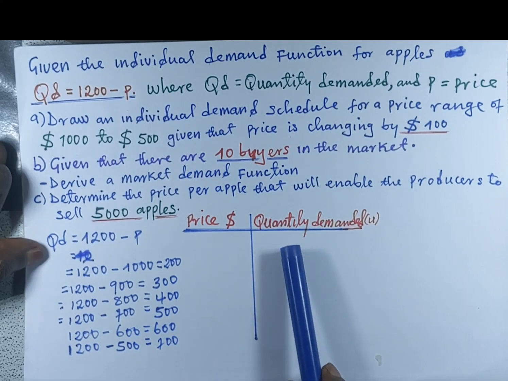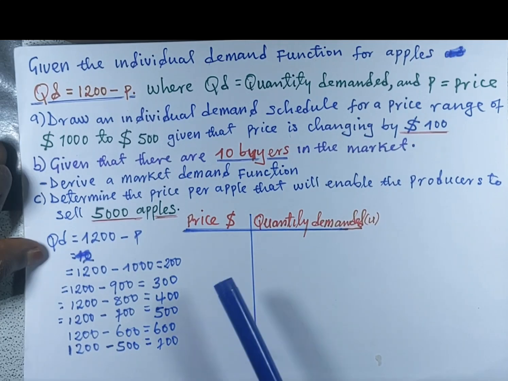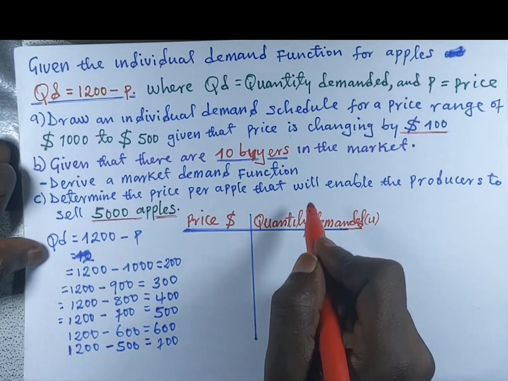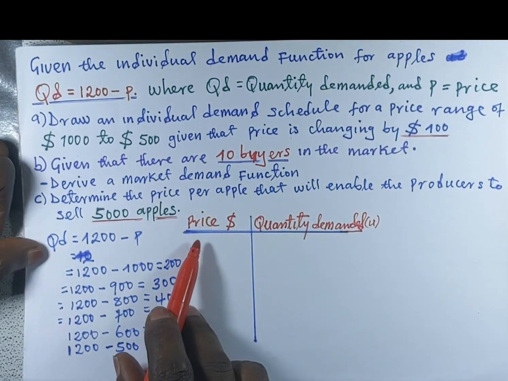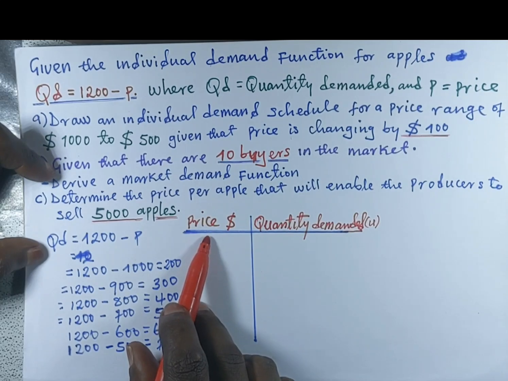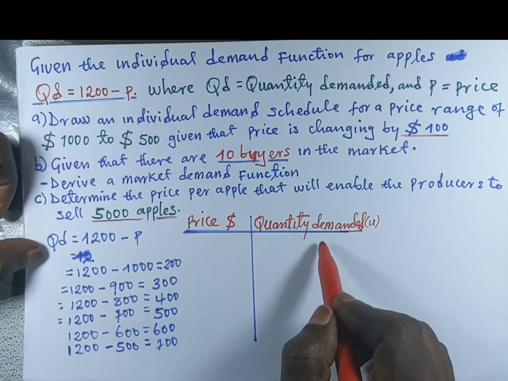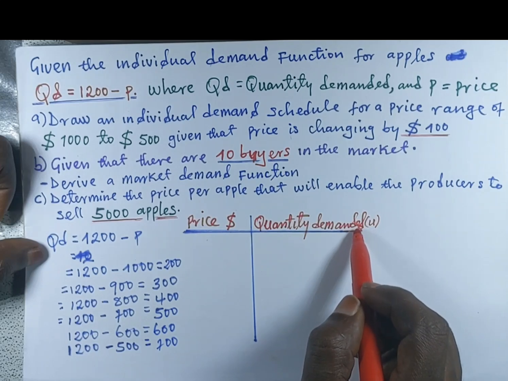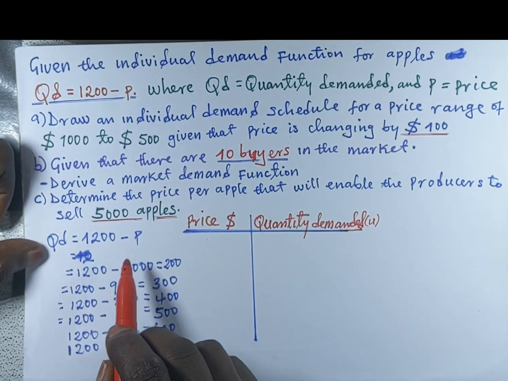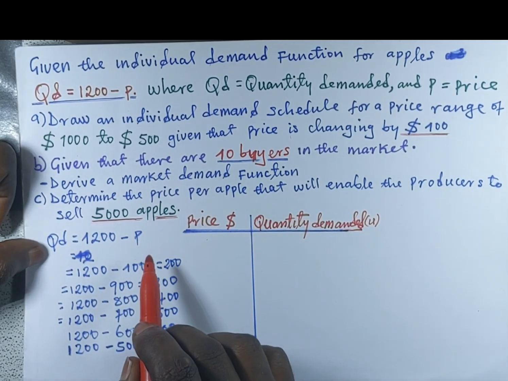So we can just go forward to input the values in this demand schedule. On this side of the table, we have price, which is measured in dollars, and in the other section we have quantity demanded in units. So we can put the values.